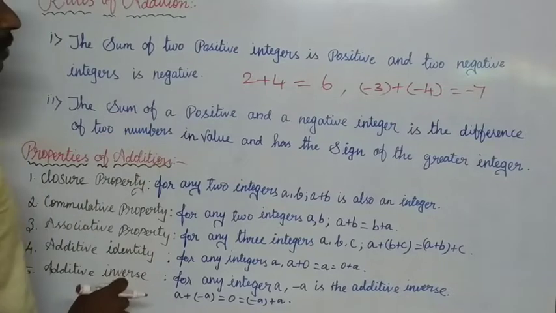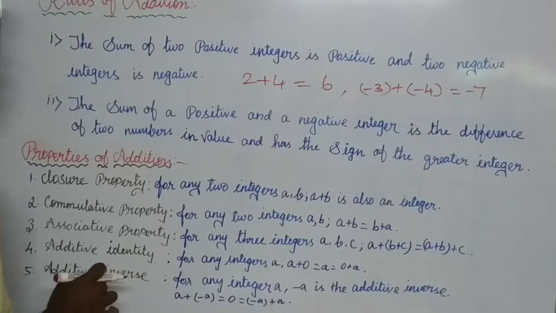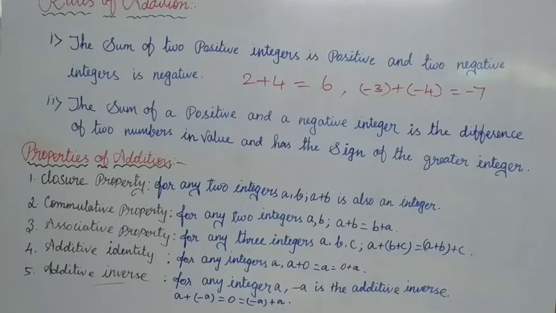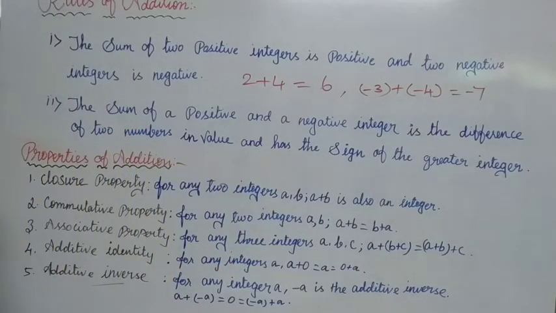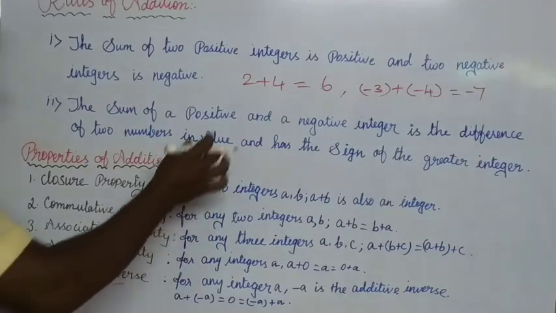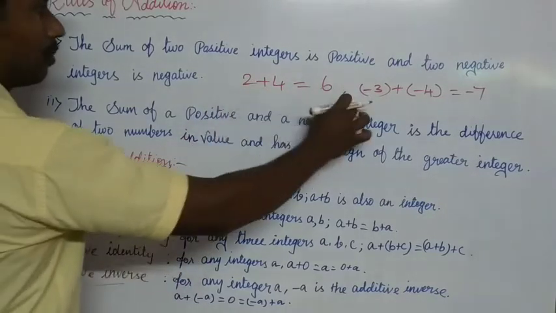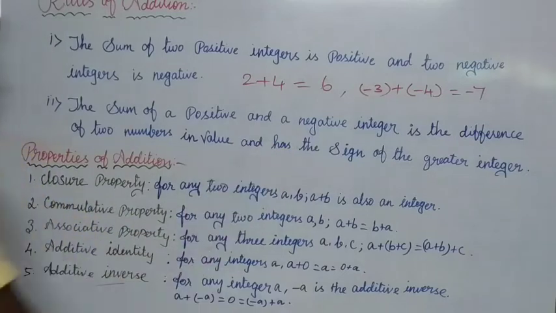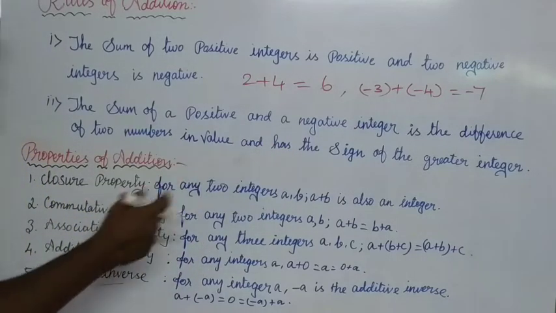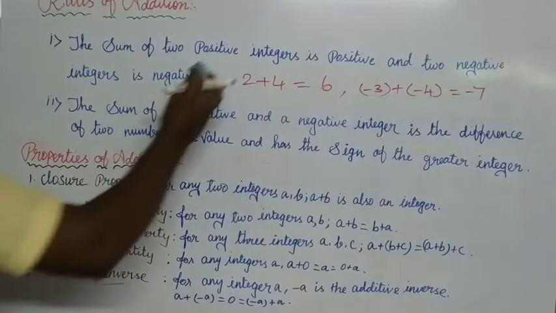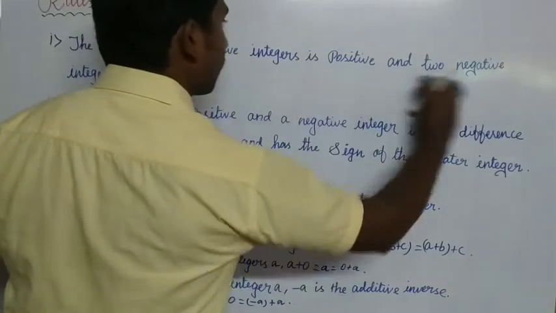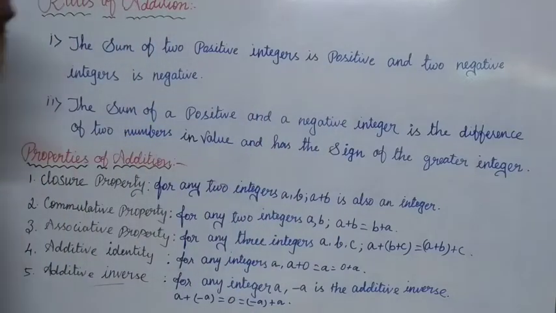Now first, both are positive or both are negative. நம்ம அடுத்த rule என்னன்னு பார்த்தீங்கன்னா, one negative and another positive, or one positive and another negative. So the different sign integers இருக்கும்போது என்ன பண்ணலாம்னு பாருங்க.